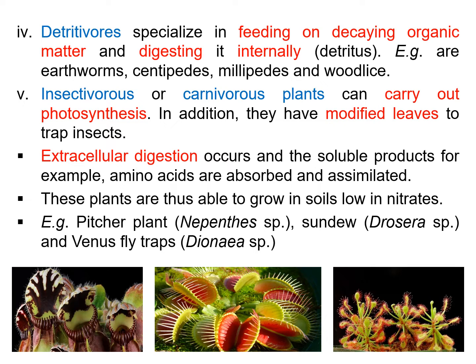Besides herbivores, omnivores, and carnivores, there are also detritivores and insectivorous or carnivorous plants under holozoic nutrition. Detritivores specialize in feeding on decaying organic matter and digesting it internally. Examples are earthworms, centipedes, millipedes, and woodlice.